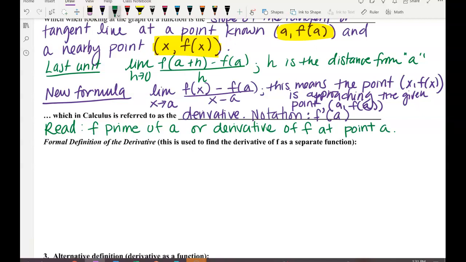All right, formal definition of the derivative. This is used to find the derivative of f as a completely separate function. Okay, so here we go.